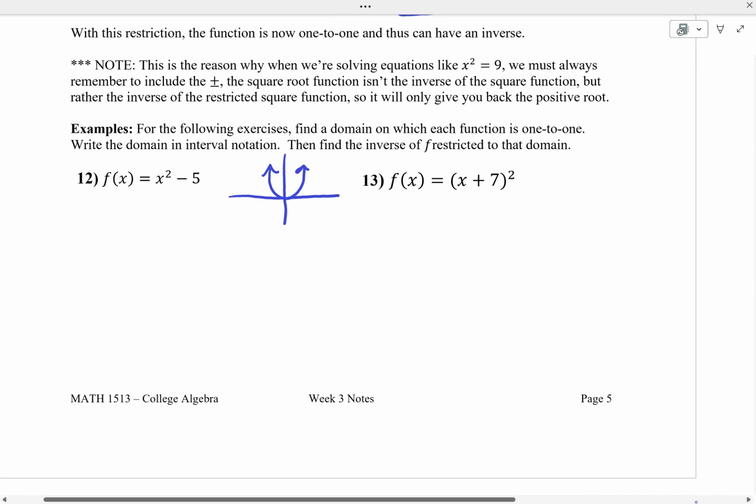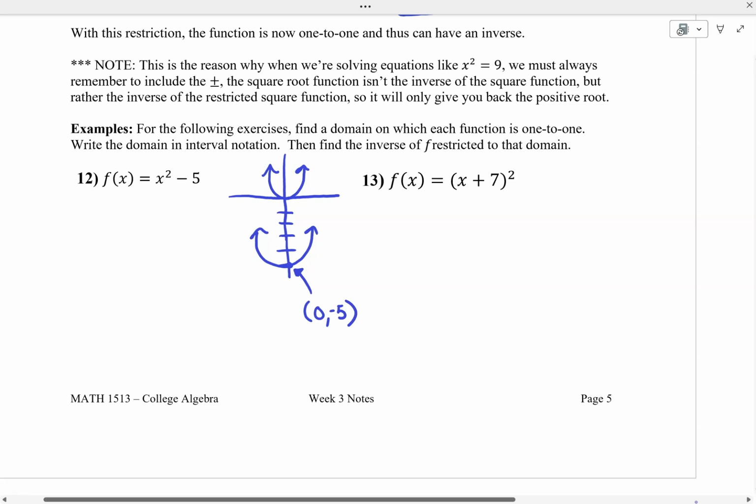All I'm doing is going 1, 2, 3, 4, 5. I am just shifting my graph down 5. That's all I'm doing. So that means that this vertex right here is (0, -5).